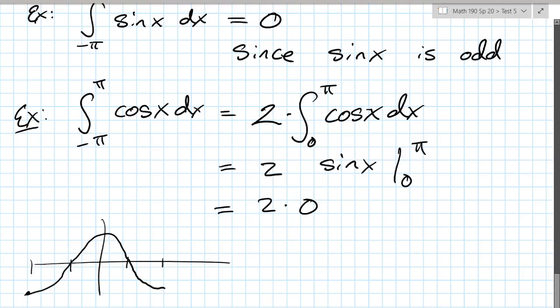So, turns out that the area from 0 to pi, this and this, were the same but opposite. And if you double that 0, this and this all cancel out. So that one also happens to be 0, but we use the even function property.